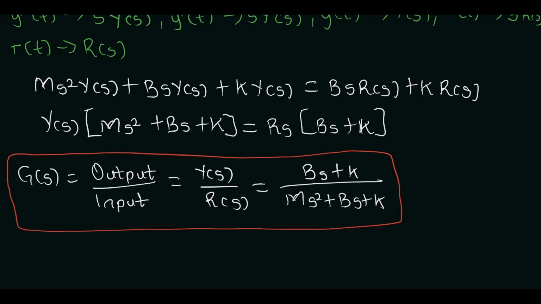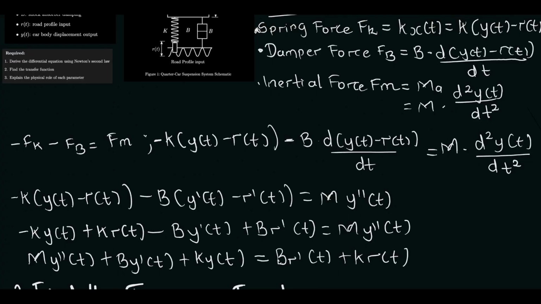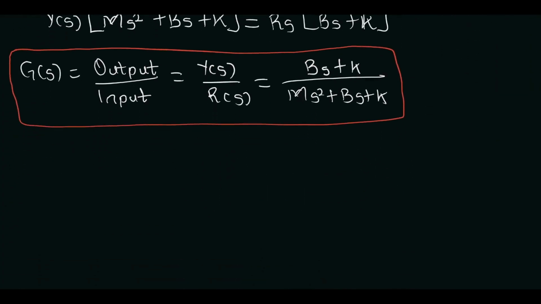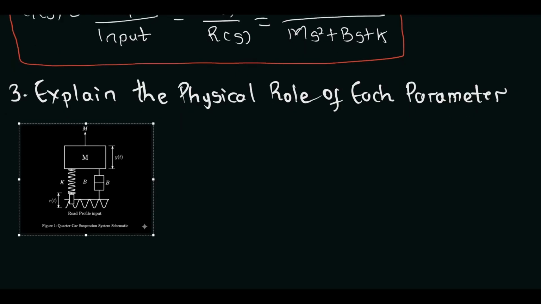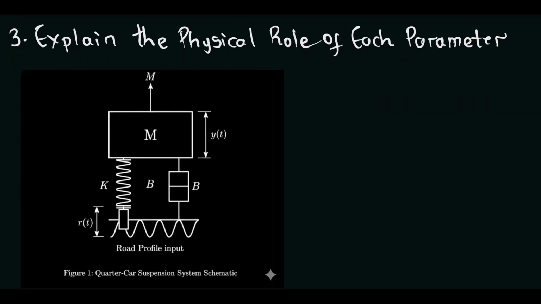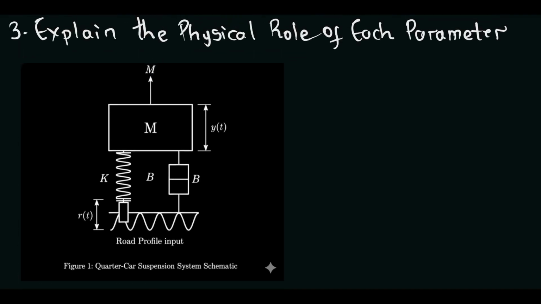Our next question is to explain the physical role of each parameter. M is the mass of the car body.